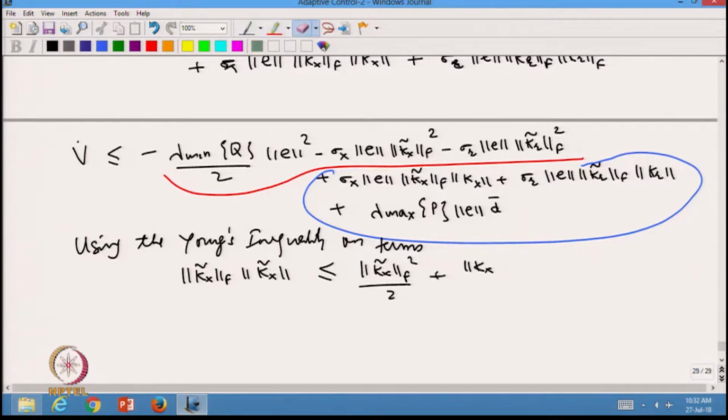Oh, the tilde is not there on the kx here. Yeah. Okay, similarly for kr tilde.